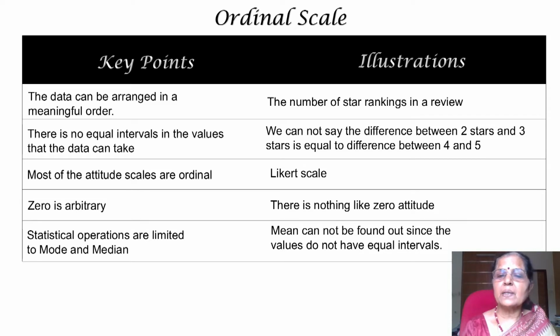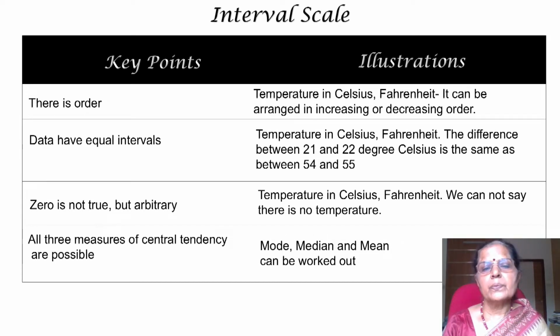The statistical calculations that could be done with this type of scale are limited to mode and median, because we know the order and we can find the middle value, but not the mean because of the lack of equal intervals between the data.